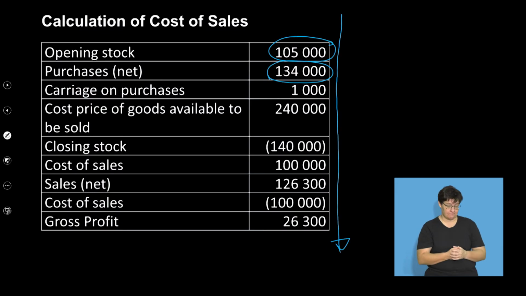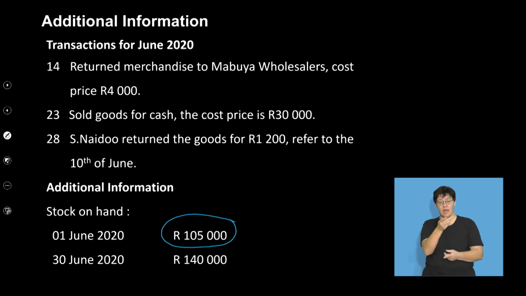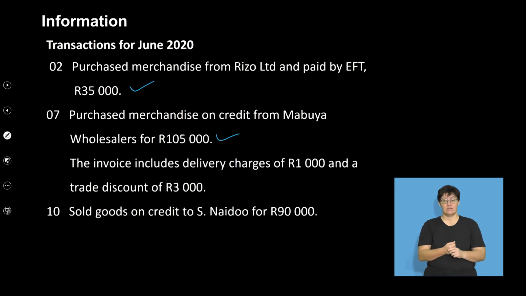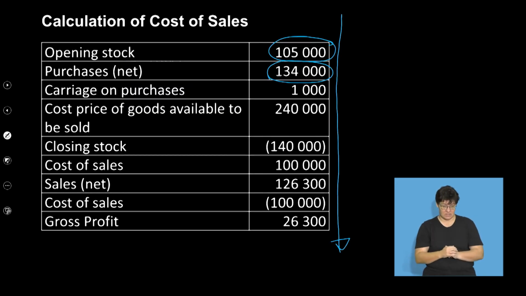Okay. They also told you, in the transactions that we've been dealing with, that there was one of the invoices that had a delivery charge of 1,000 Rand. Remember, that delivery charge has to be shown as a separate component, 1,000 Rand, for my carriage on purchases.